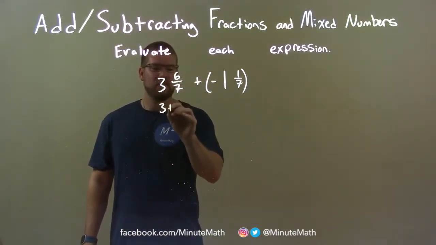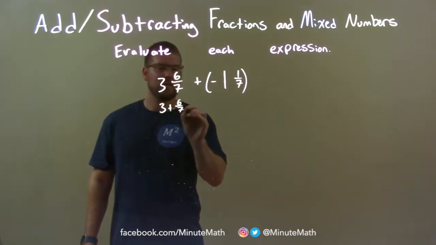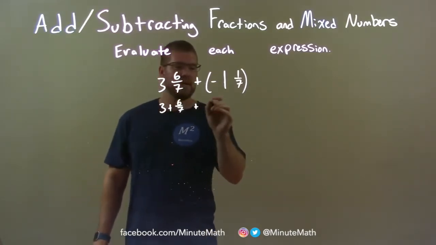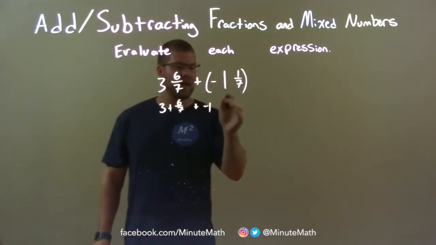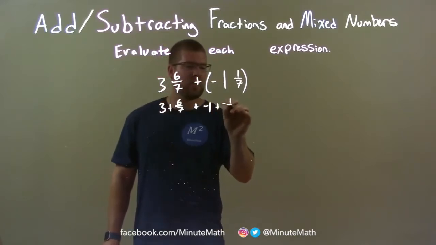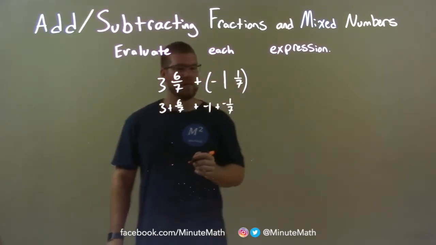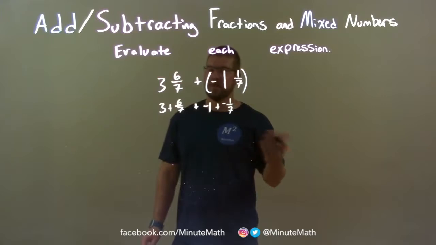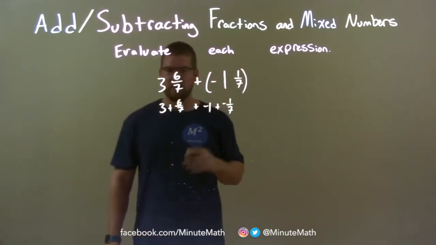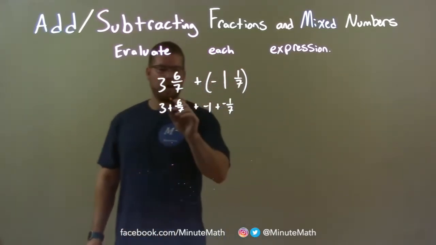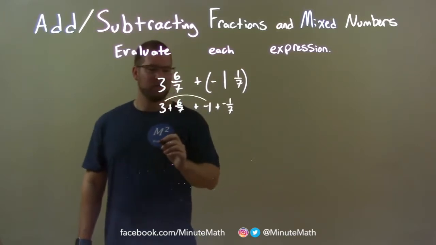3 and 6/7 is the same thing as 3 plus 6/7. And then we have plus negative 1, but make sure that negative goes to that fraction as well. Negative 1 and 1/7 is the same thing as negative 1 plus a negative 1/7. Now let's pair like numbers, the whole numbers.